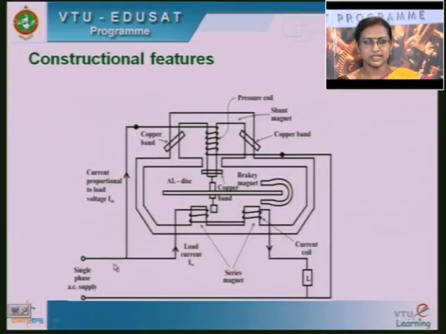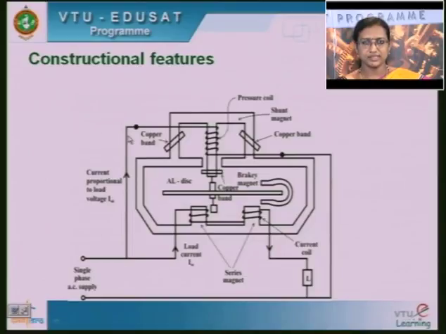Here the current coil is arranged in series with the load. You see that the current coil is connected in series with the load, and the voltage coil is connected across the load.